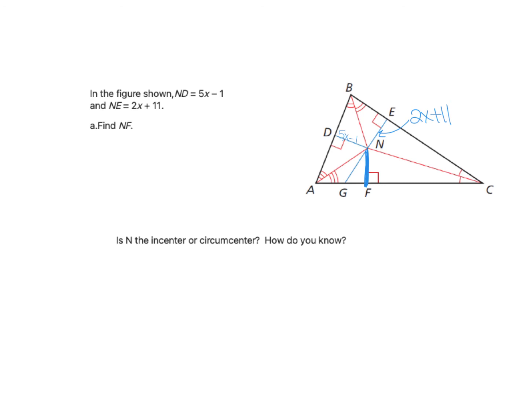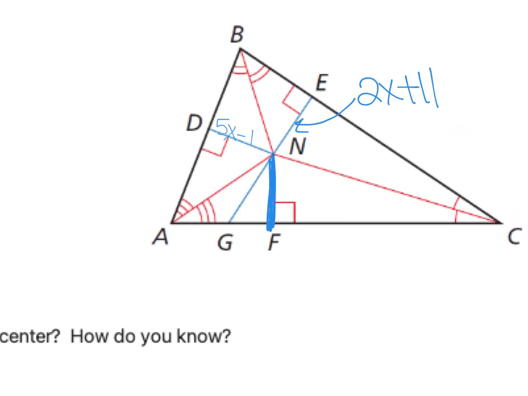So the first thing we want to think about: we've talked about circumcenters and incenters, but if we look at a picture with all of these red lines and blue lines, how do you know if something is an incenter or a circumcenter? Well, remember, an incenter is where the angle bisectors meet, and if you look, these markings in the corner tell me that those angles are being bisected.